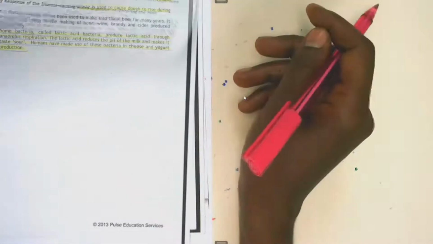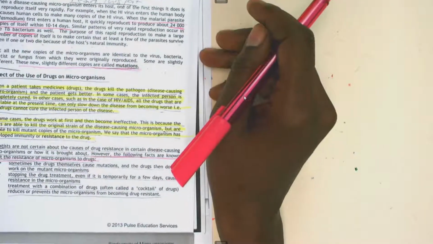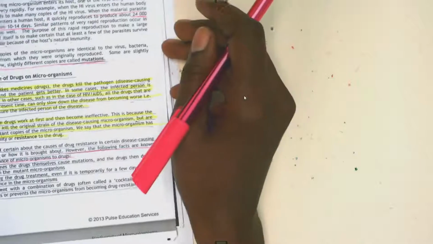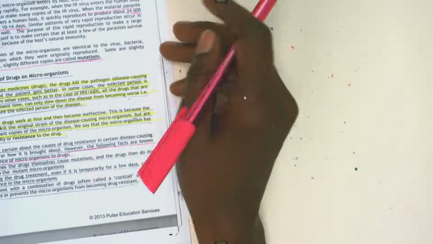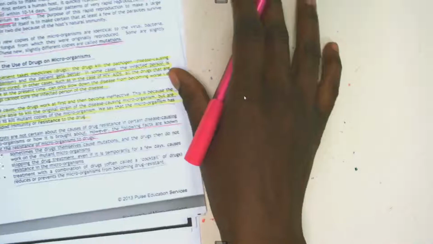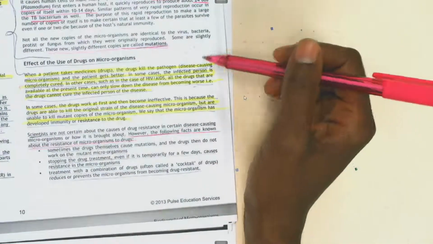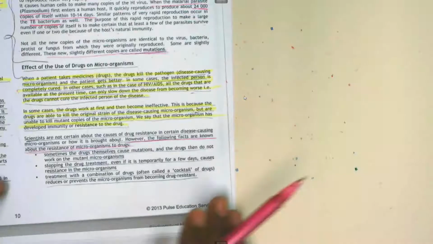So let us look at the effect of the use of drugs on microorganisms. Now you will be able to understand the term mutations because it will be mentioned in this part. Again, I will go through this extract.